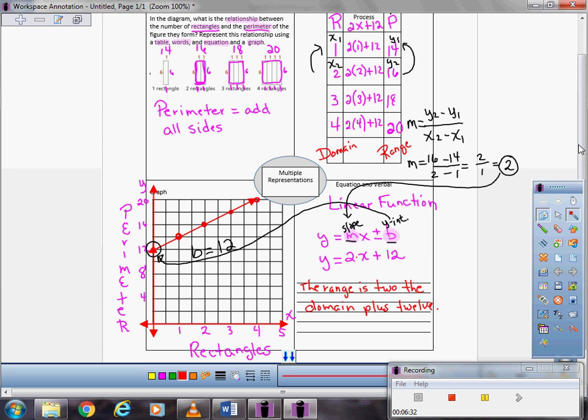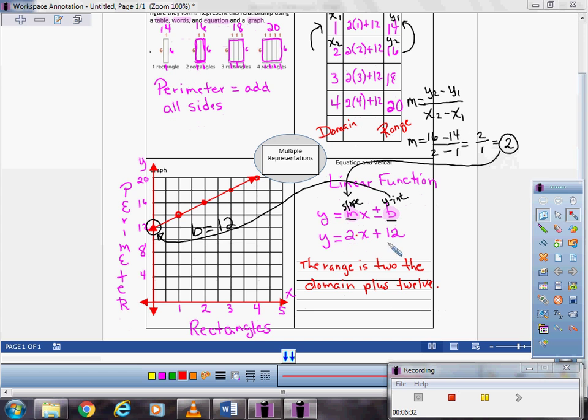And that's just verbally describing your formula so that if somebody sees this formula, they know exactly what it's for. And so it's basically saying that the range, these numbers here, equal 2 times the domain plus 12.